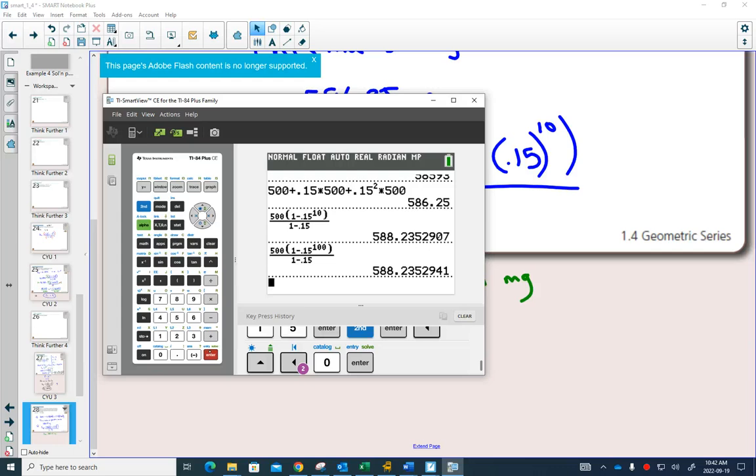At a certain point, if I take 15% of 588, it'll be almost exactly 500. And if I take away 500 and I add 500, because each time I take a pill I add 500, I'm back to 588.